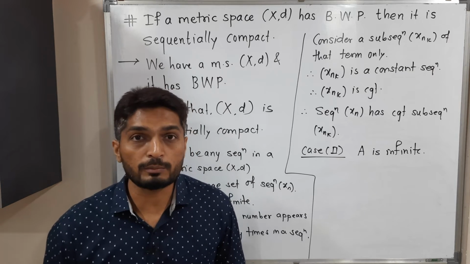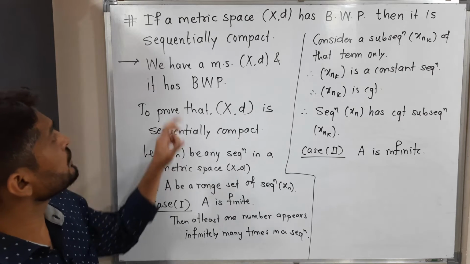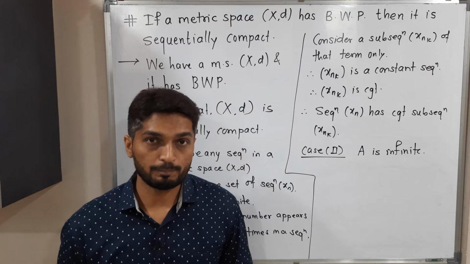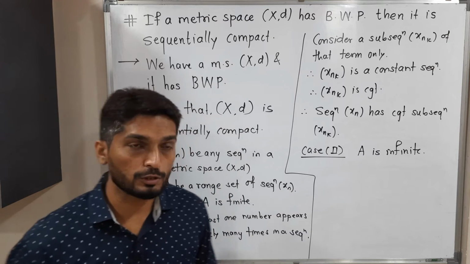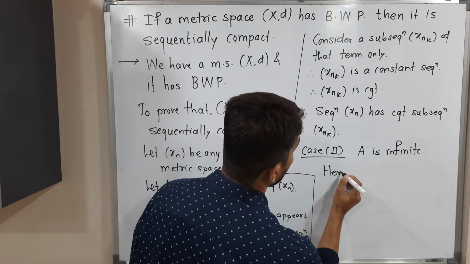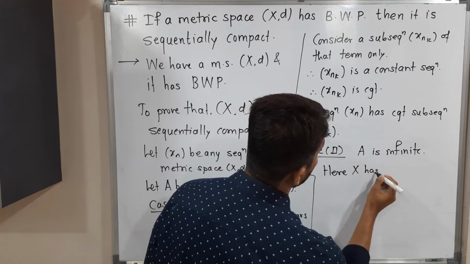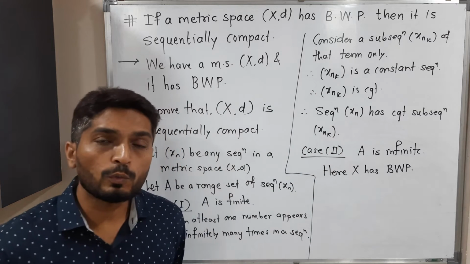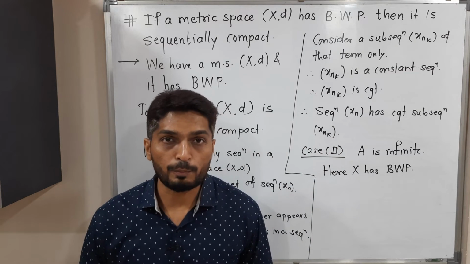So what is the given information? The given information is that the metric space has BWP. Okay, so this is the given information. So let me mention here X has BWP. So let us recall what that BWP is, Bolzano-Weierstrass property.